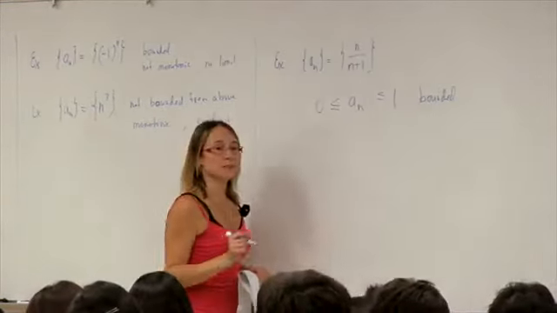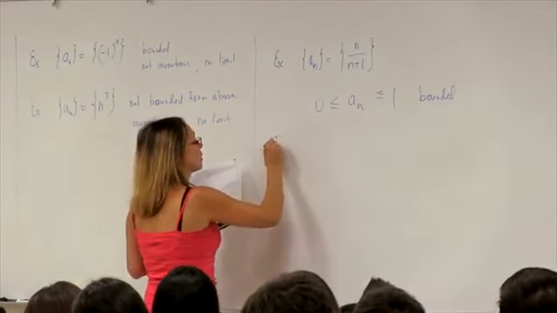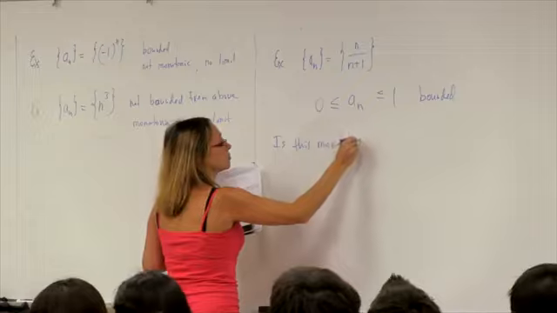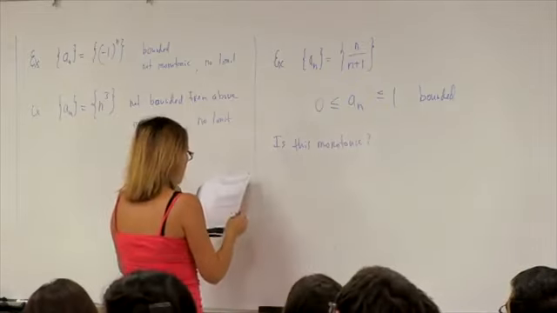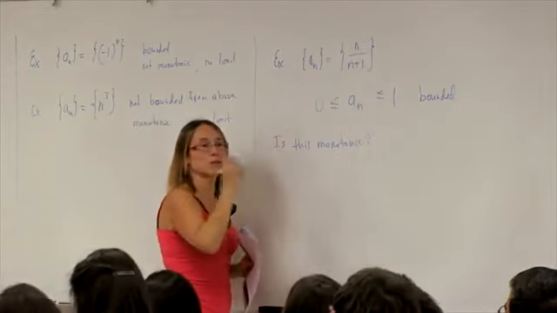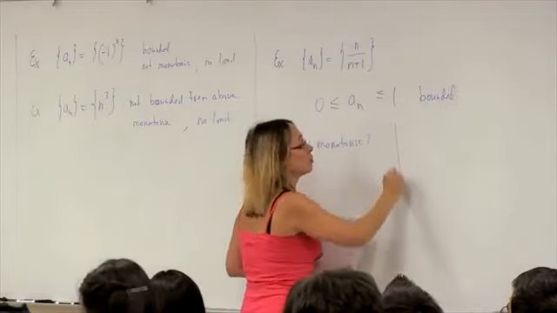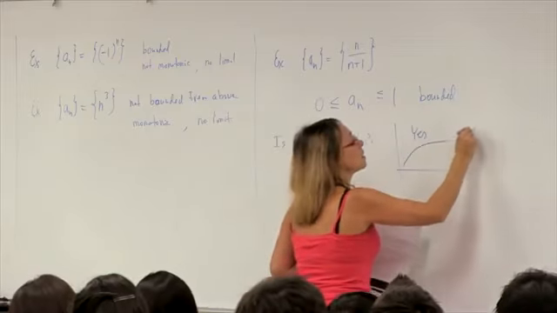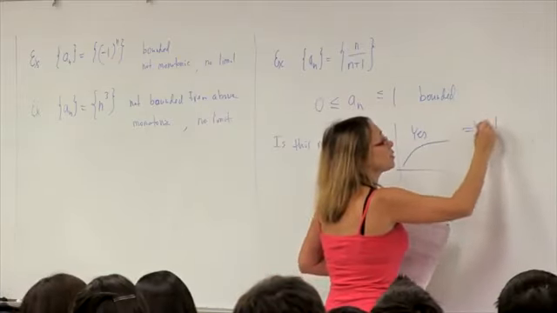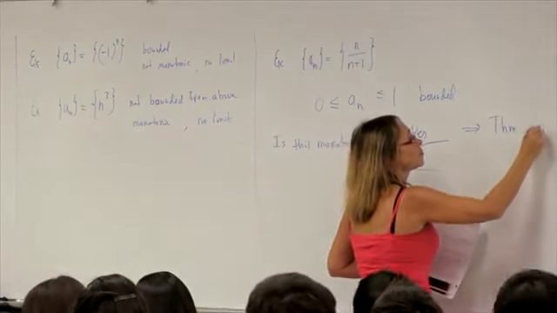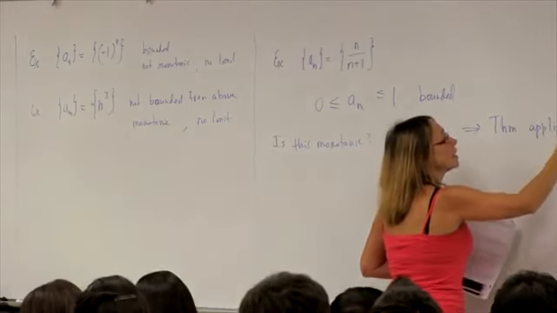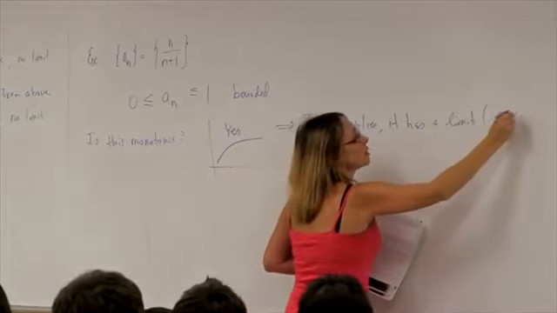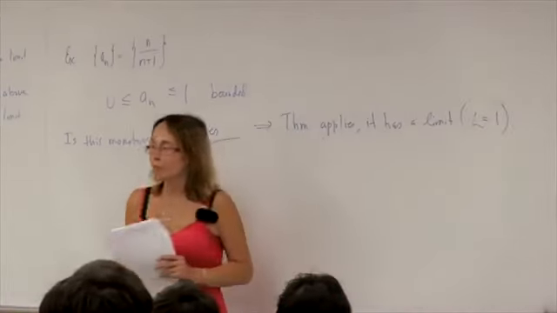Is it monotonic? So we can take the derivative of the corresponding function, or we can plot it. We already plotted it. It looks like this. So we say yes. Therefore, theorem applies. It has a limit. And in fact, we know that L equals 1.